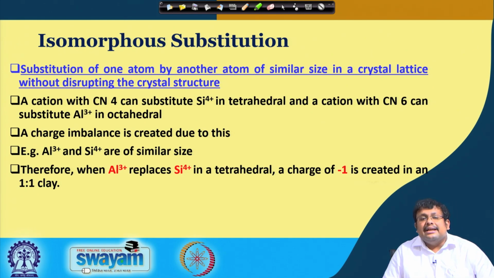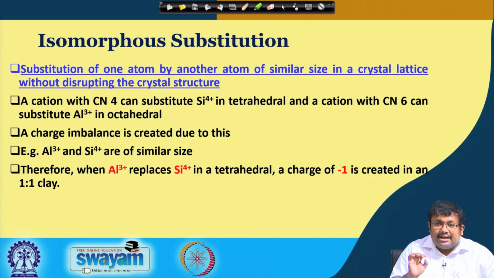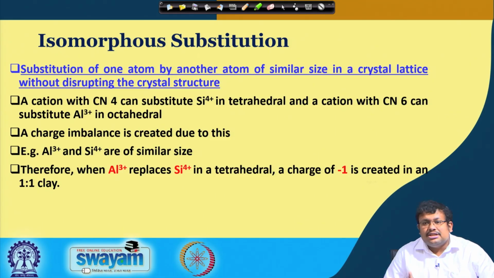Similarly, in the octahedral layer, aluminum gets replaced by either Fe2+ or Mg2+, because they have a similar coordination number of 6. So, this type of substitution is known as isomorphous substitution.